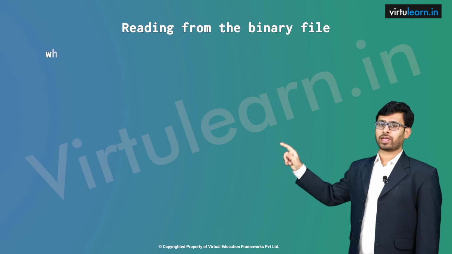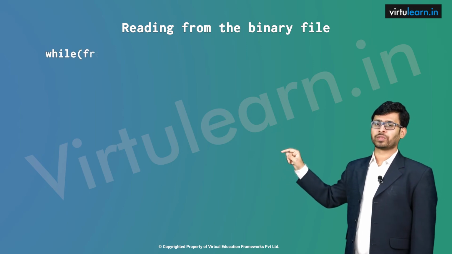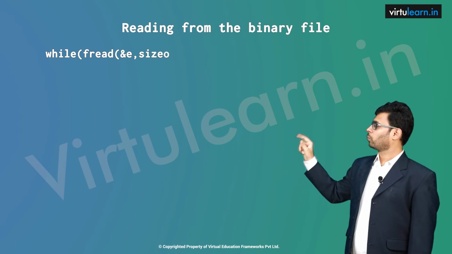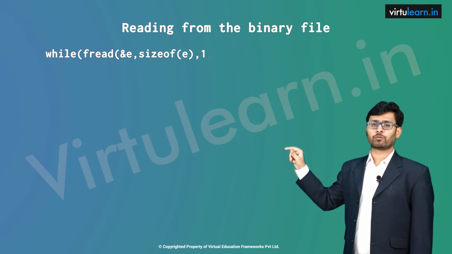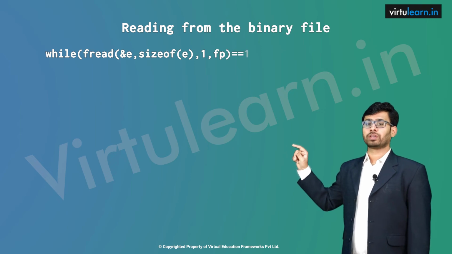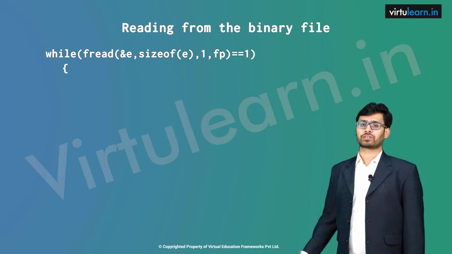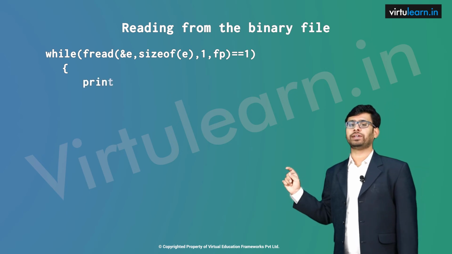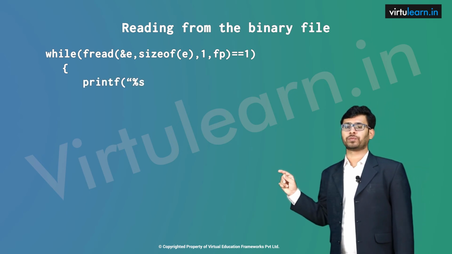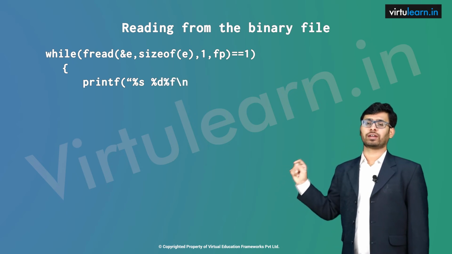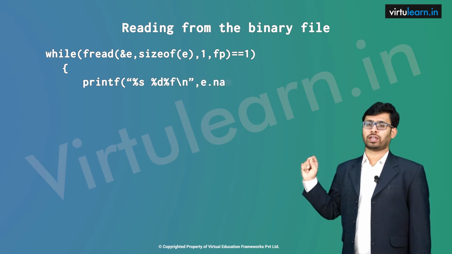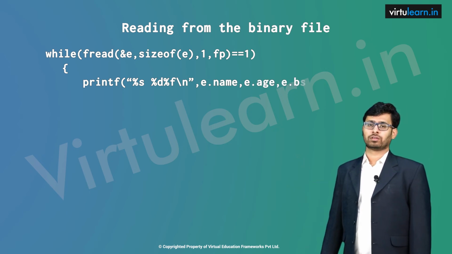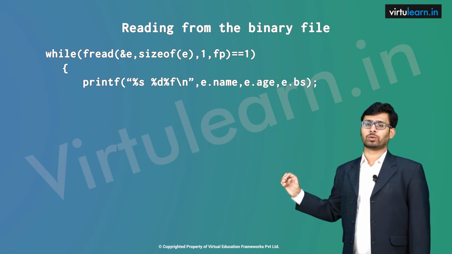Here, while fread of address of e, comma, sizeof e, comma, 1, comma, fp is double equal to 1, if this condition is true, then printf %s %d %f\n, comma, e.name, comma, e.age, comma, e.b. Next I am closing this while loop.